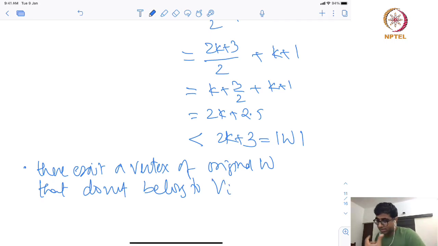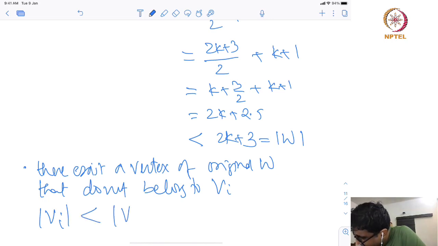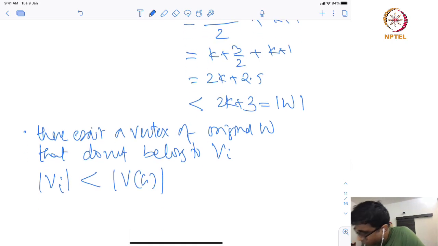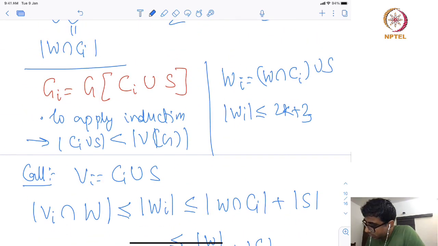What does that imply? It implies that the cardinality of Vi is strictly less than the cardinality of the original graph. So it is good for applying induction. So we have shown that this is strictly less.